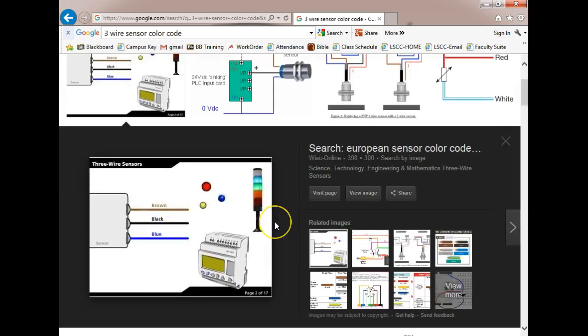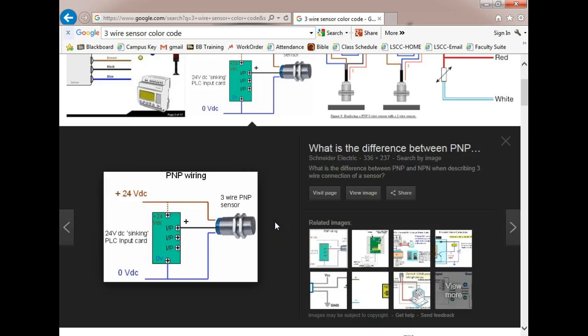So a 3-wire sensor is going to have 3 color wires on it. It's going to have brown, black, and blue. Are we okay? And of course, it depends on whether the black wire is always the one.